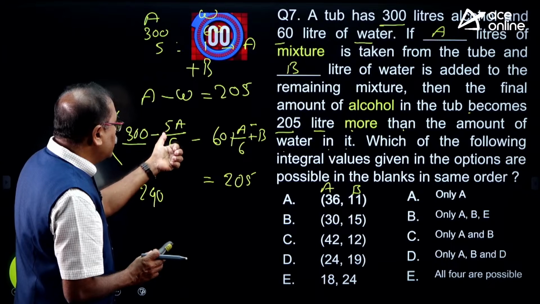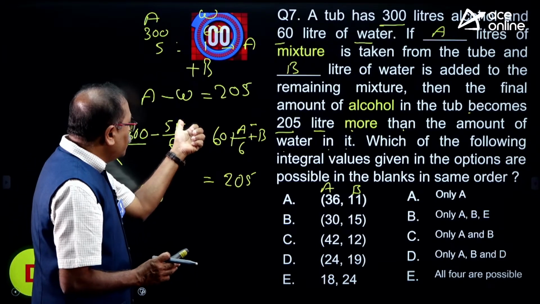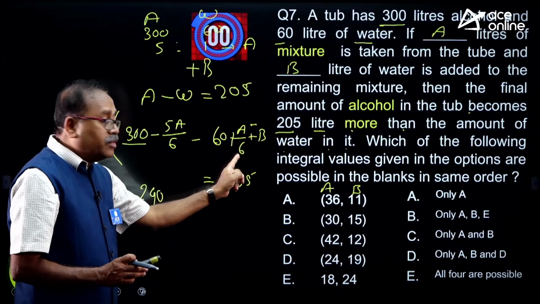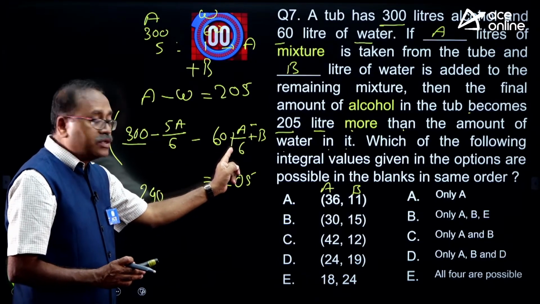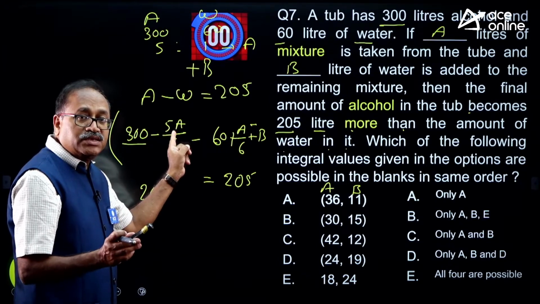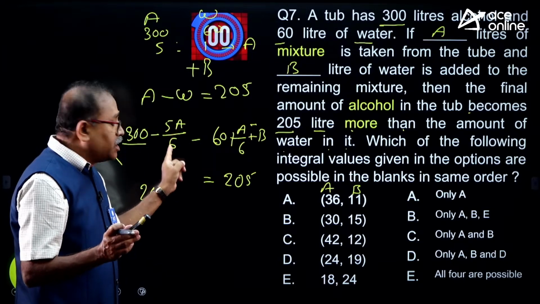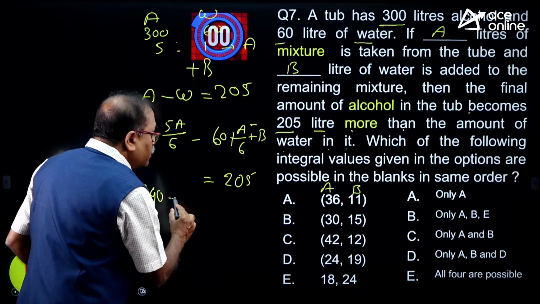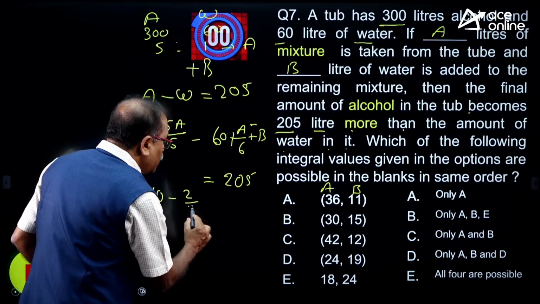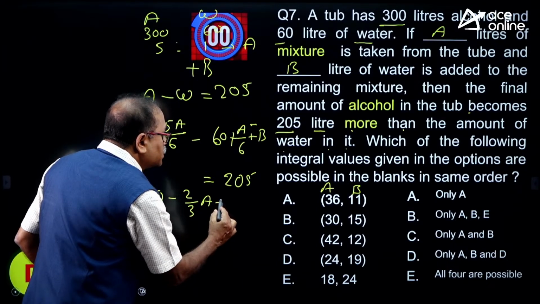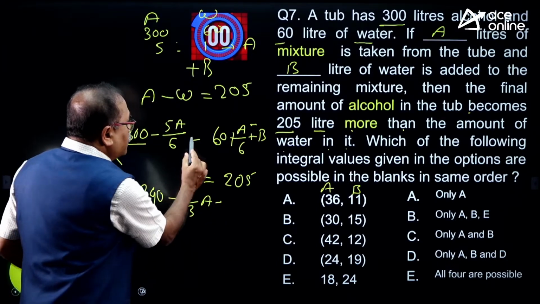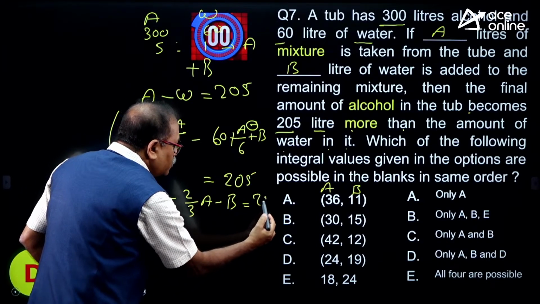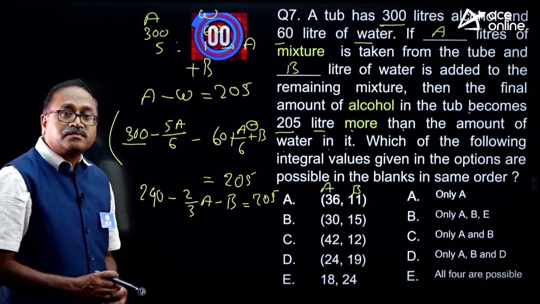And here it's 4A. Look at this one, 5A by 6 and A by 6. This is minus, this is plus, so you will get 4A by 6. 4 by 6 is nothing but 2 by 3. So you will be getting minus 2 by 3A and minus B, which is equal to 205.